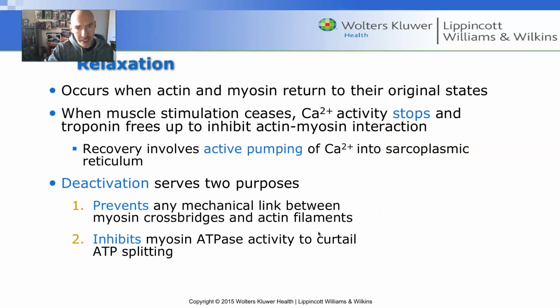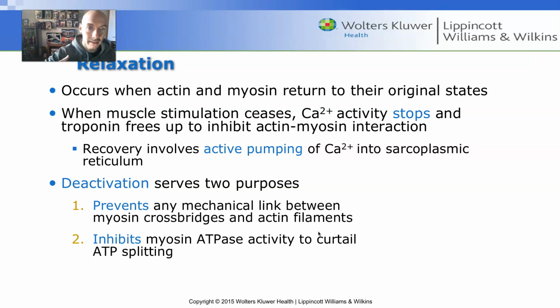Now for relaxation, as long as calcium is present in a cell, contraction is going to keep occurring. But as soon as I consciously decide, say I'm flexing, I'm gonna consciously decide to relax this muscle. When that happens, the signal from my brain goes away. Calcium is then removed from the muscle, right?